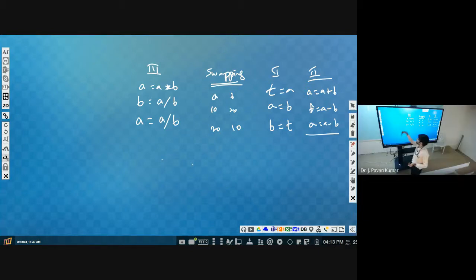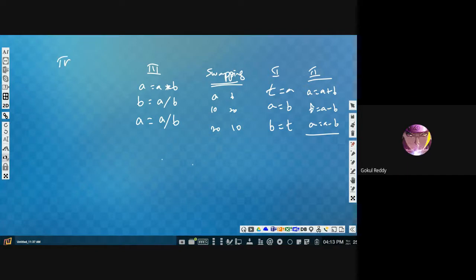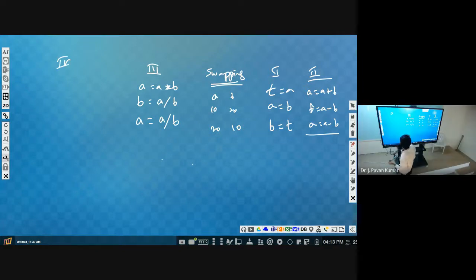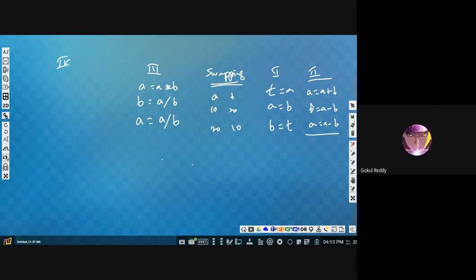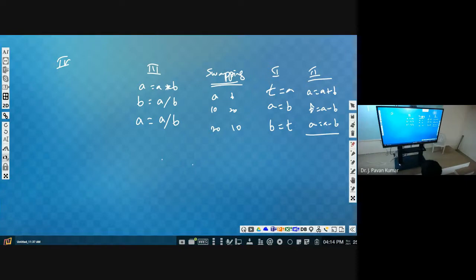Next, even another method is there. Okay, I will tell you the clue. Try to work it out. By using bitwise operators also, we can swap two numbers without using a third variable. Which bitwise operator we can use, that you find out. What are the bitwise operators?